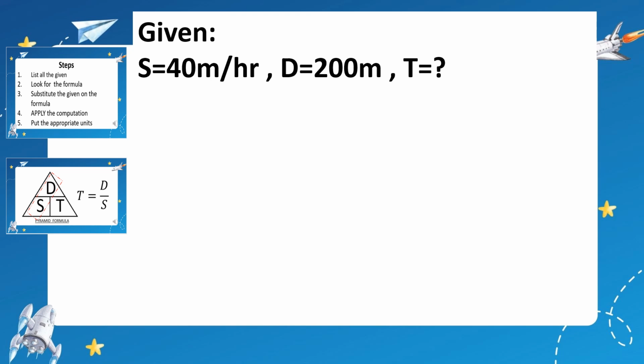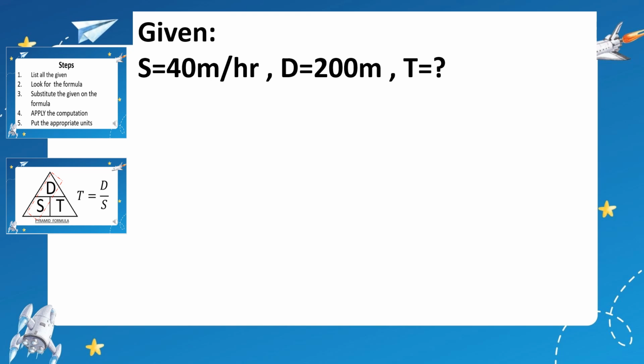In my previous lesson, students, I said that if the units show two labels, the distance and the time, it is considered as speed. So the speed is 40 meters per hour, and the distance is 200 meters. The letter T, or the time, is unknown, missing.